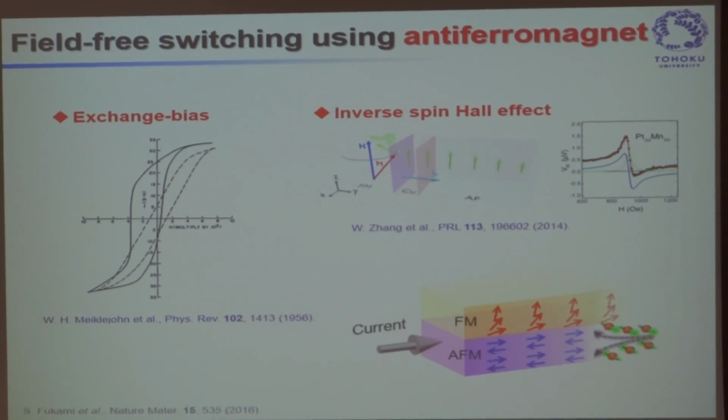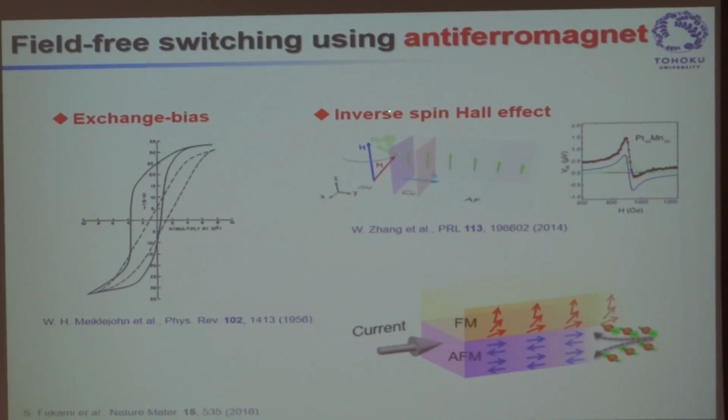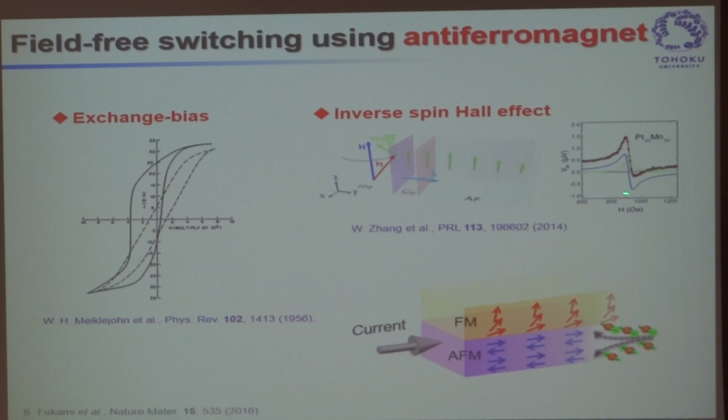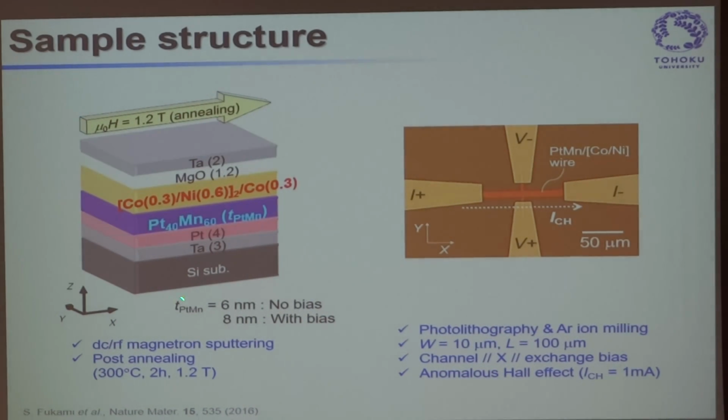And there was an encouraging sign here that the inverse spin Hall effect is large enough in those antiferromagnets, so we went ahead using this 5-layer system. And this is the detail of the structure.